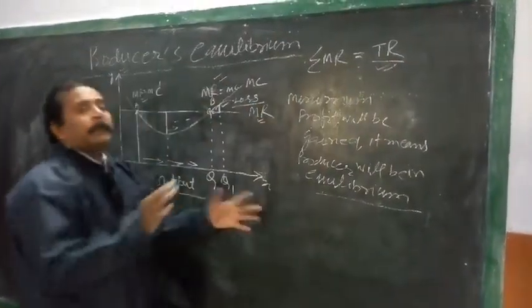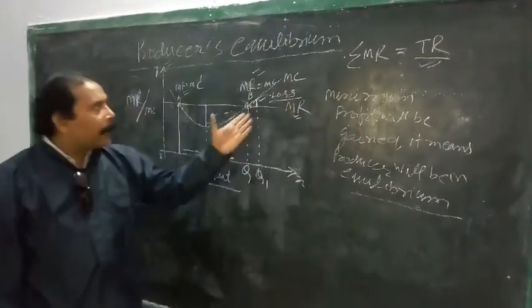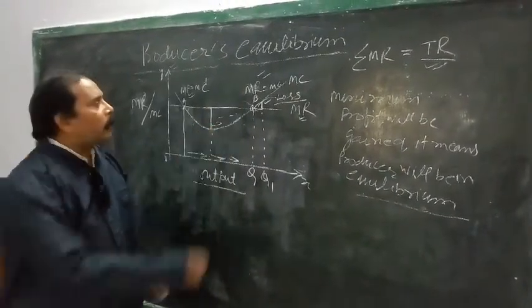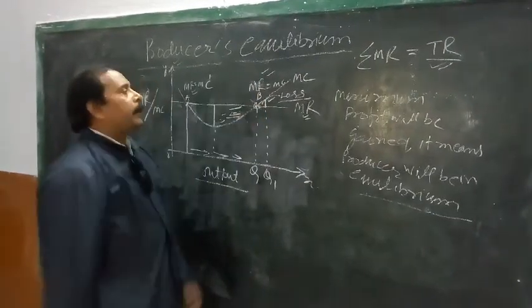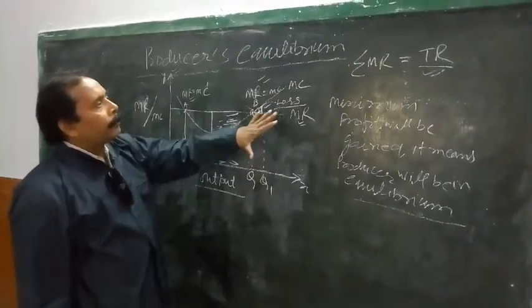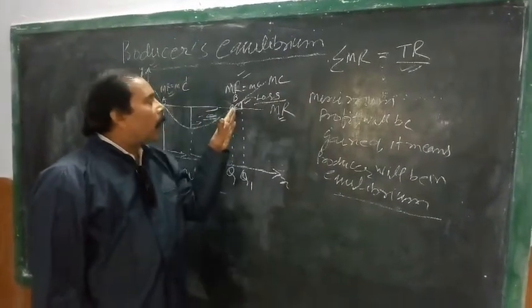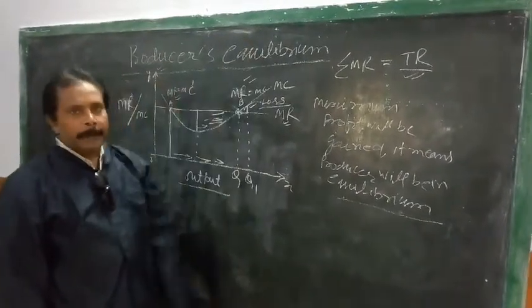The difference between the TR and TC indicates the profit, and here the TC will be less than TR. That's why the profit is also going on, and B is the point where the producer will start to earn maximum profit, and this is the point of equilibrium.